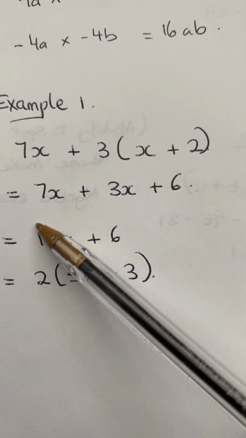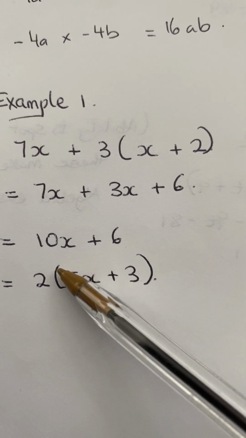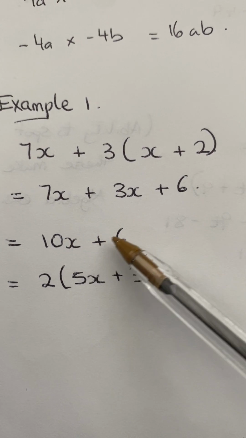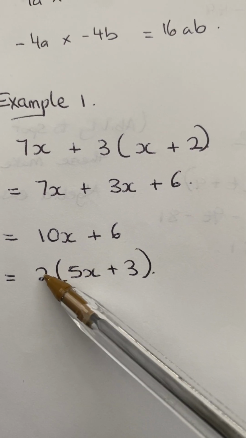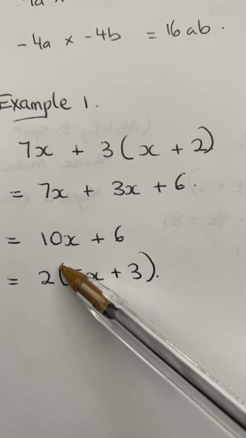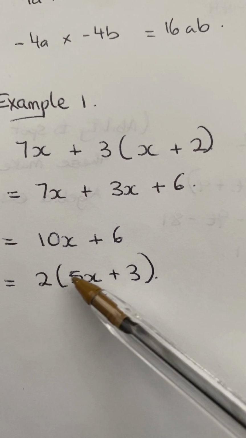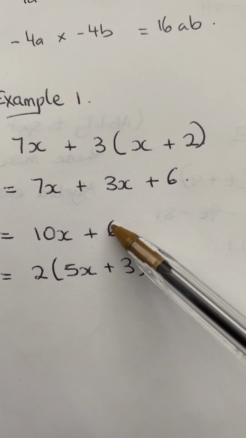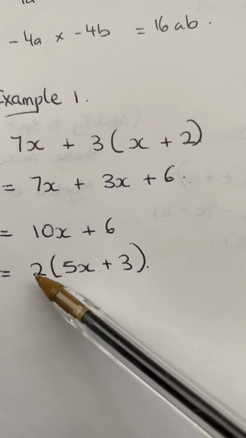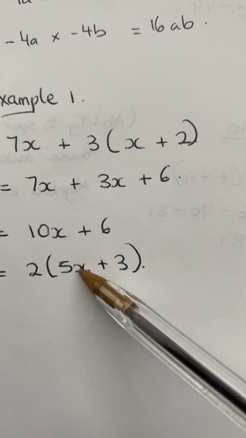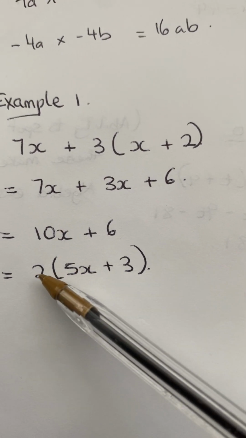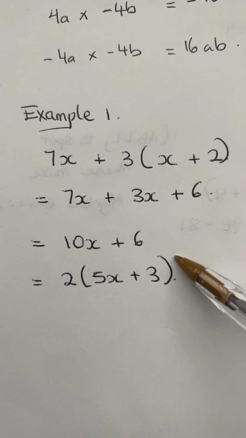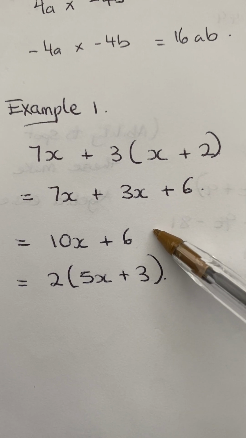Now we can leave our answer as this, or we can go a step further. 2 is a factor of 10 and a factor of 6, so we can bring 2 out and introduce a bracket. 2 times 5x is 10x, 2 times 3 is 6. How many 2's do we have in 10? 5, and you add the x. How many 2's do we have in 6? 3. So this answer is right, and that answer is also right.